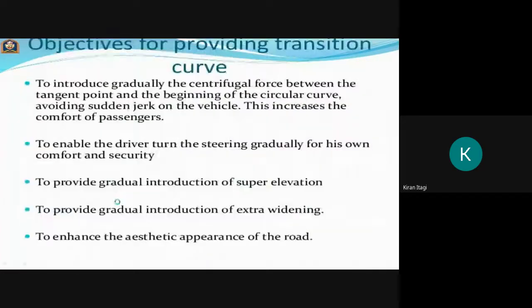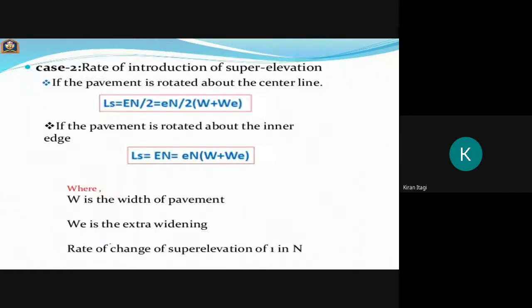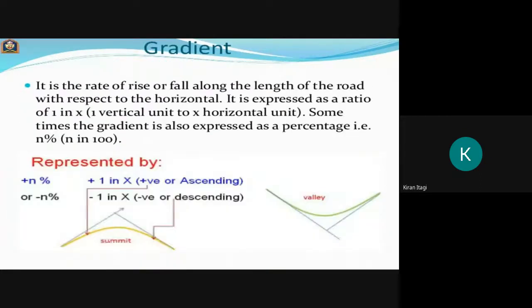Widening is not that important, but we will solve the numericals. Length of the transition curves. There is a 50% chance of getting these types of MCQs in MPSC or any other competitive exams, but you have to remember the formulas.